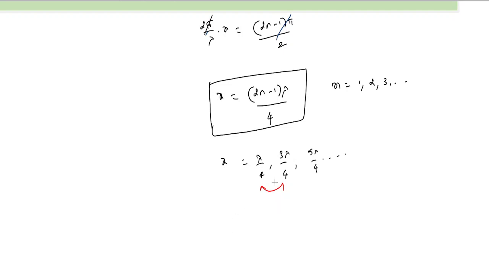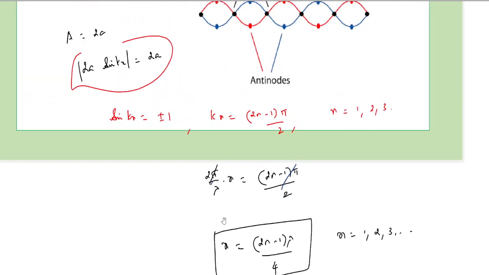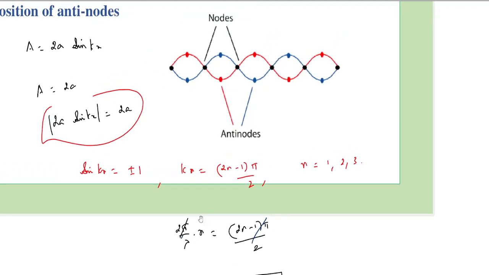So if you look at the distance between any two antinodes, it will be the difference of these two, which is 3 lambda by 4 minus lambda by 4, that is 2 lambda by 4, which is lambda by 2. As seen earlier, in case of nodes, the distance between two nodes was lambda by 2.